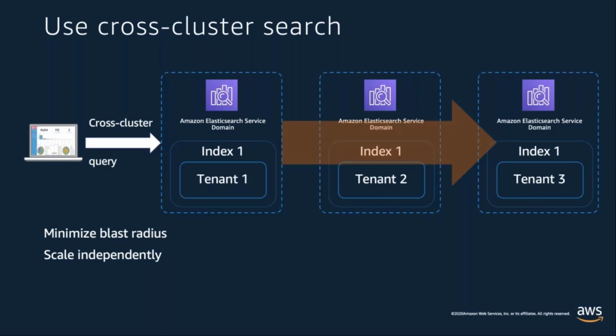When we have very, very large workloads that are decomposable, in the sense that you can localize some sub-portion of the data, then you can put that into a single domain, and then you can pod it out across multiple domains. And then with cross-cluster, you're able to query across the whole data set, even though you can scale each of the sub-pieces independently. A couple of benefits here: it minimizes your blast radius, and it does allow you to scale independently.